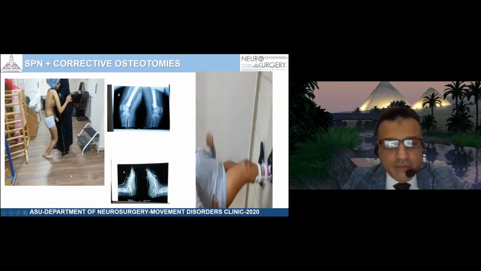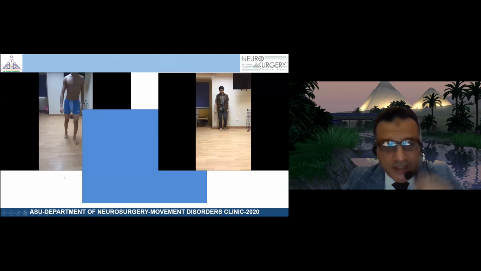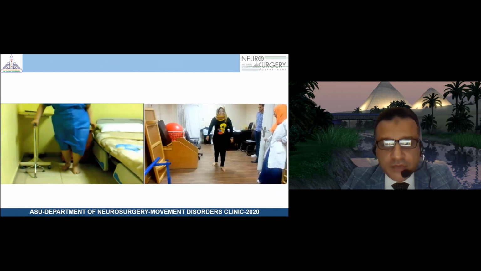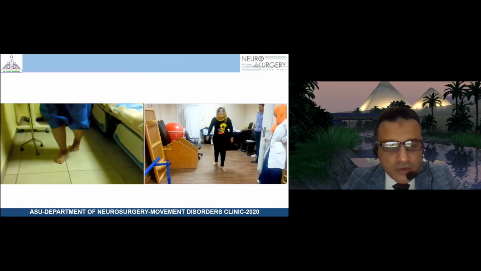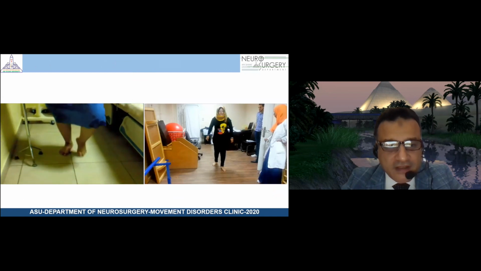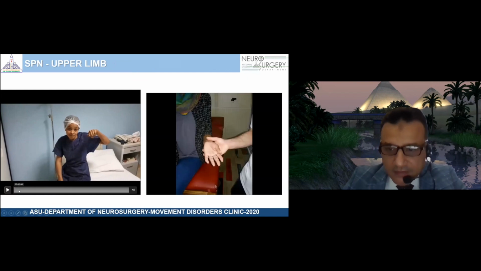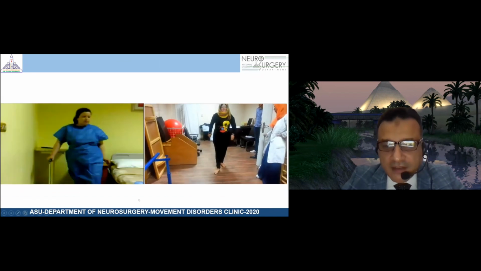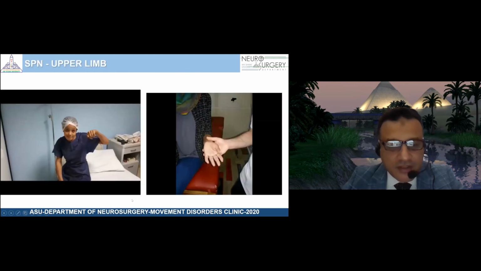Also, we can combine the more sophisticated orthopedic surgery with selective peripheral neurotomy. And it could be done also for adults. This woman had the post-spinal cord spasticity affecting the calf muscles, and she underwent the selective tibial neurotomy with more stable gait and much balance.